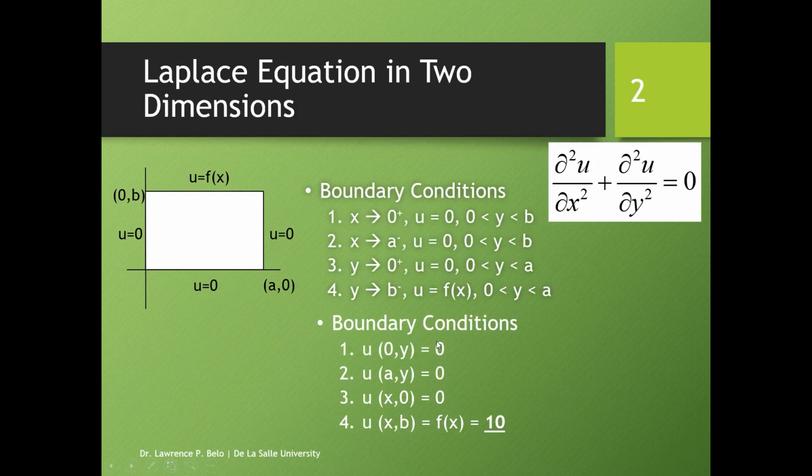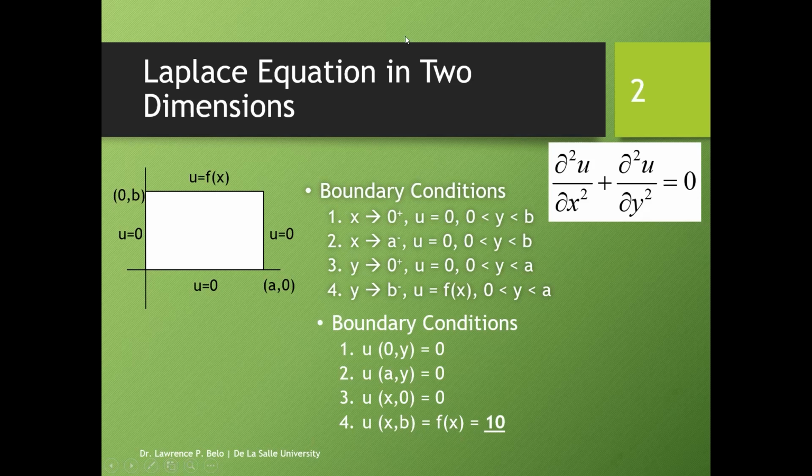So, what are the boundary conditions given? From here, we know this. But we can rewrite this in a simpler way. So, you can say that the temperature at 0, y is 0. At a, y, so a at any y is 0. Right? At x, y equals 0, so the base is 0, but at y equals b it is a function of x.